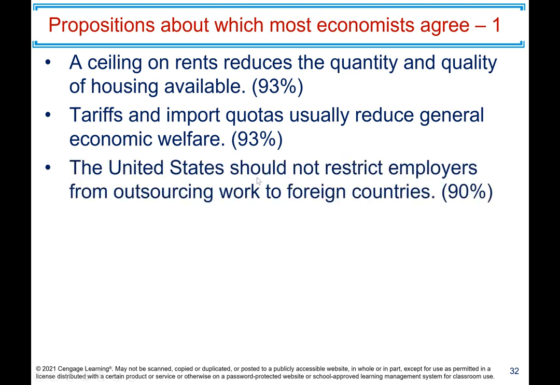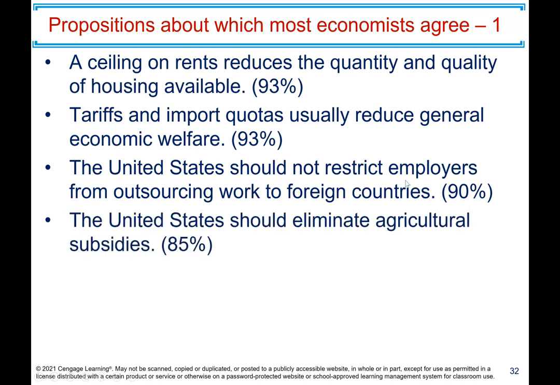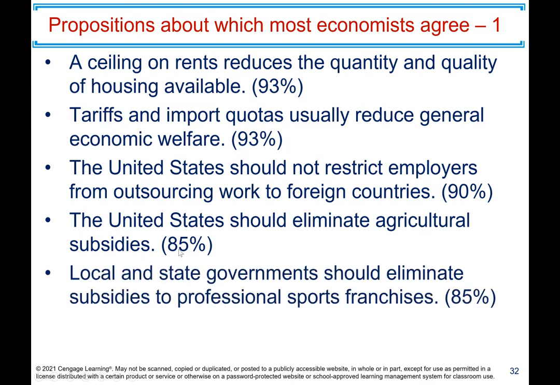The United States should not restrict employers from outsourcing work to foreign countries. 90% agree. The United States should eliminate agricultural subsidies. 85% agree. Local and state governments should eliminate subsidies to professional sports franchises.